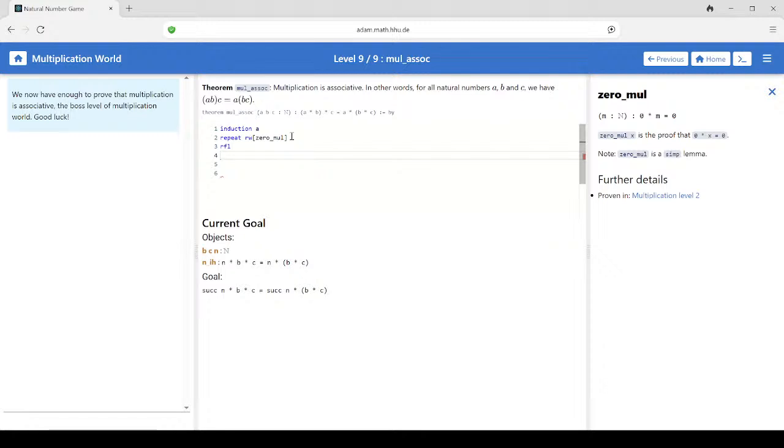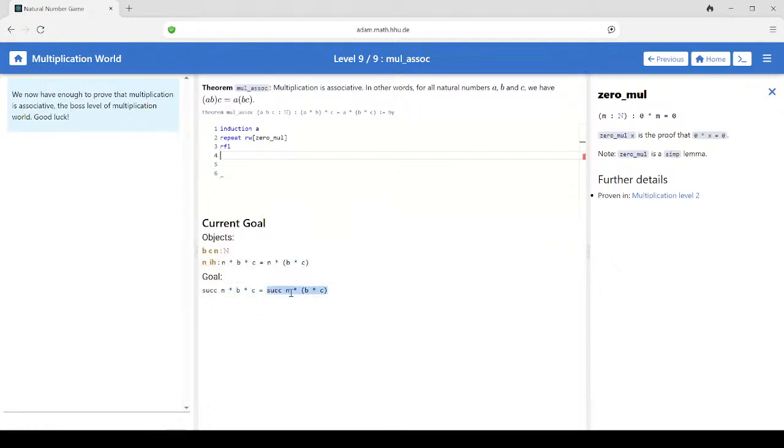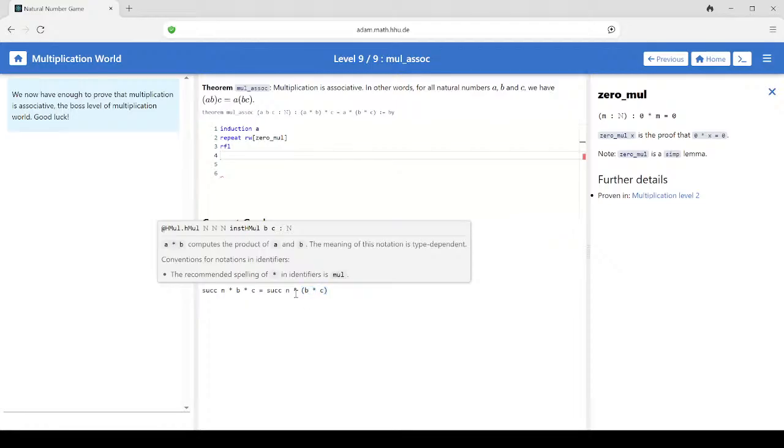Let's see if this is any easier. Successor of n times b times c. Yeah, the successor of n times b times c is the same as the successor of n times b times c, or it's b times c times the successor of n.